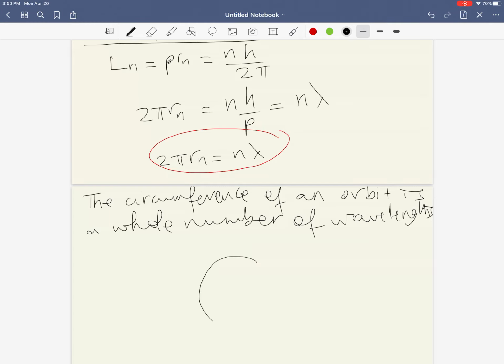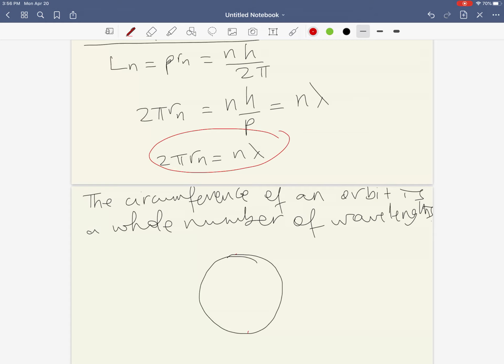As an example, if this here is an orbit, you cannot fit a fraction of wavelengths around the orbit. You have to fit a whole number of wavelengths around the orbit. So let's see if we can make this work. This is going to be a little tricky to do.